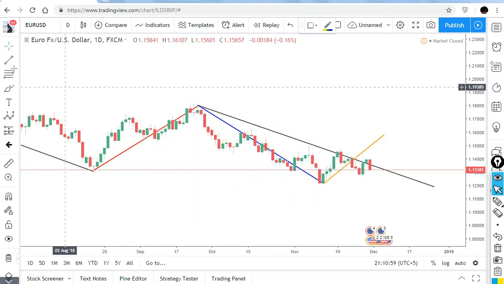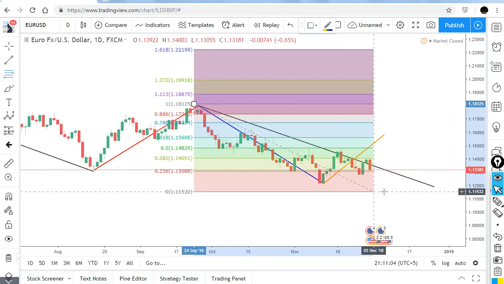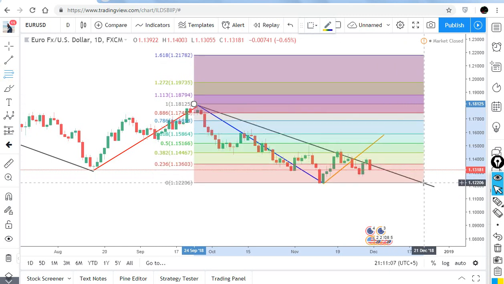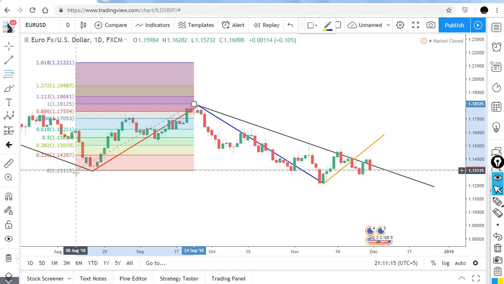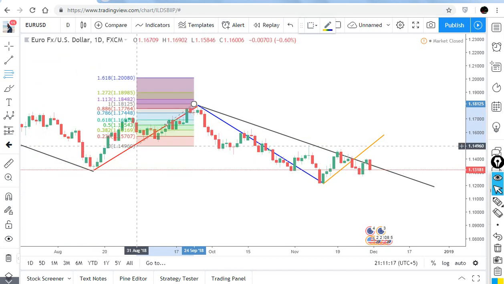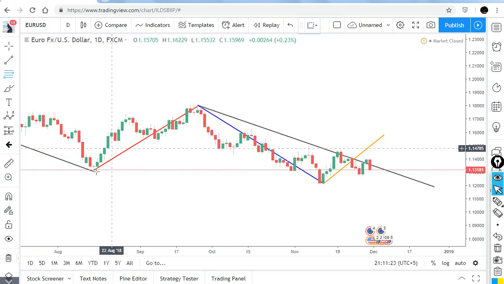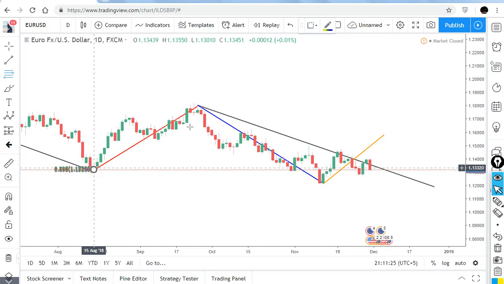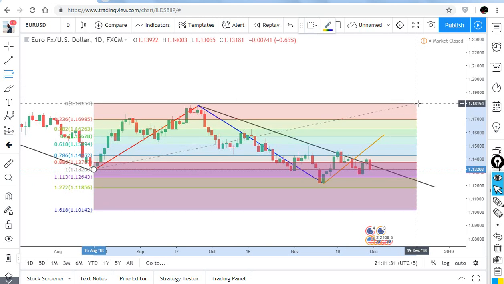So let me delete it, and I also take this part, right? But let me take this part to this part, like this. Sorry, I'm going a different way. I will find out on my correction where the extensions are, from high to low, and we see that we are on 1.113.